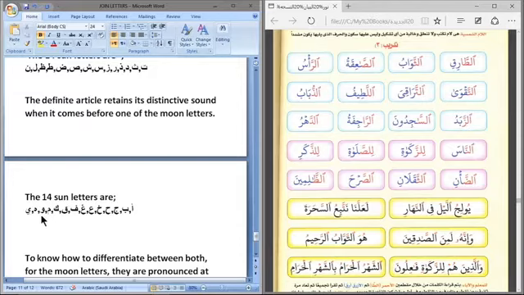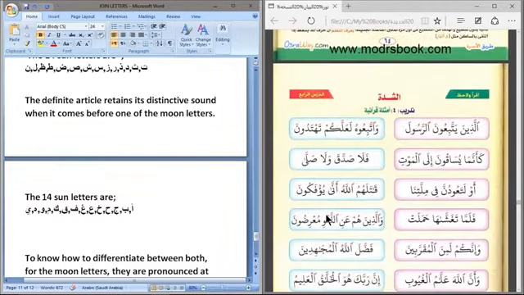If any of these letters comes after the alif and lam, we pronounce the lam. That is the moon letters. But if it is a sun letter that comes after alif and lam, we have to omit the lam in pronunciation.